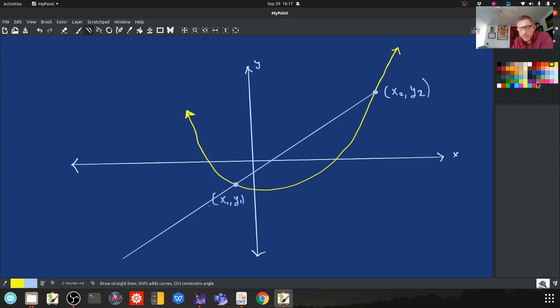But what happens if I get the points closer and closer to each other? What would be the average rate of change if I put another point down here? And of course you would draw a line through the 2 points. And as we get the points closer and closer, then the slope of the line gets really, really close to what we say is the tangent of the curve at that point.